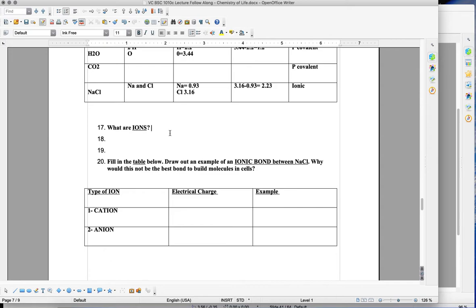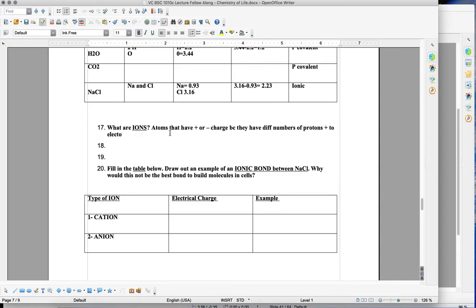So an ion is an atom that has a positive or negative charge because it has different numbers of protons plus electrons. They are not neutral anymore.